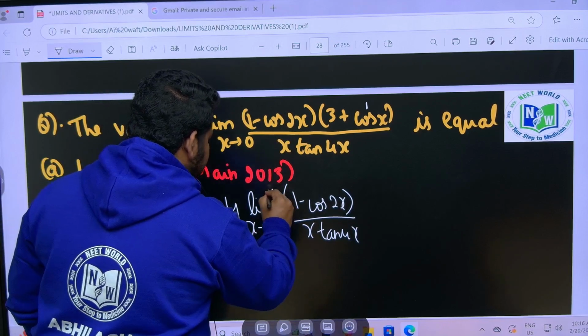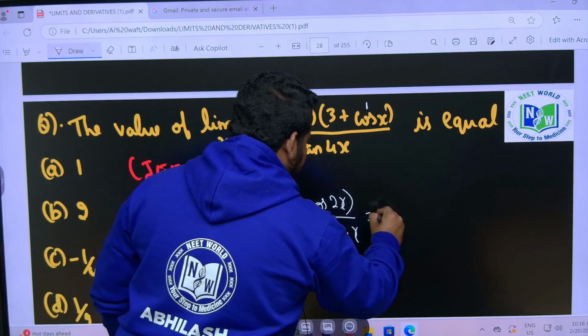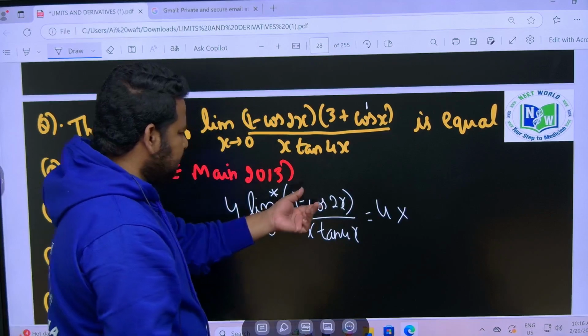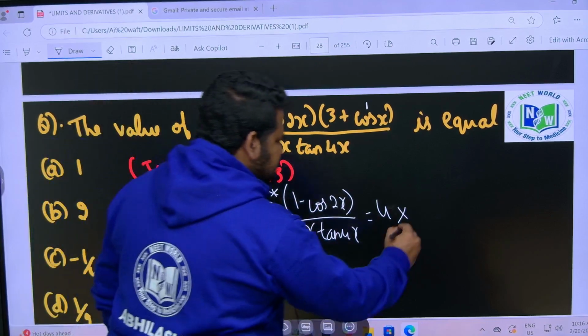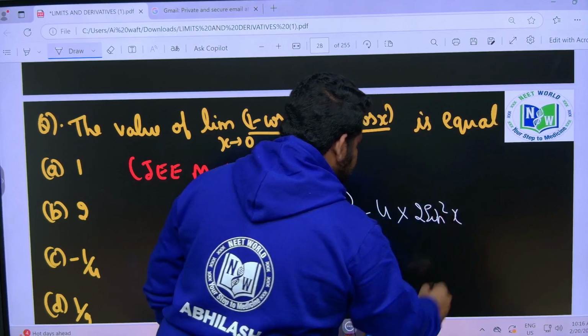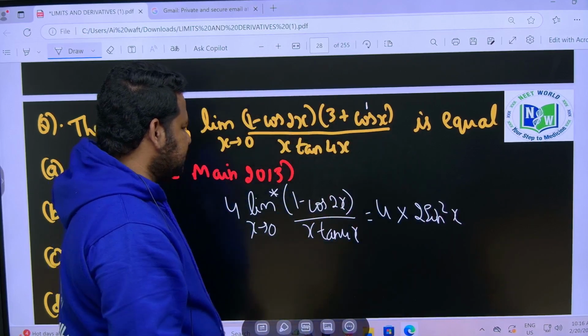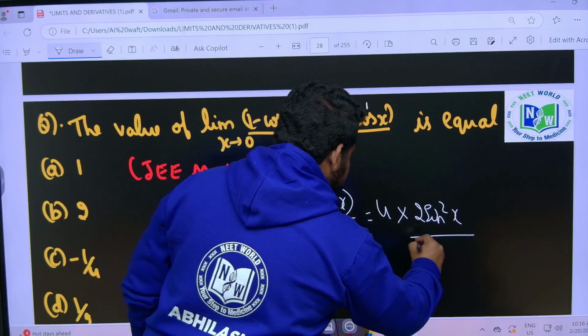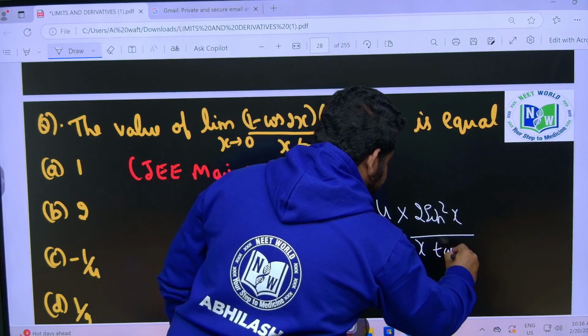Now I'll take only this part. So 4 into, I'm not going to write the limits because we know the limit. 1 minus cos 2x is 2 sin square x, by x tan 4x.